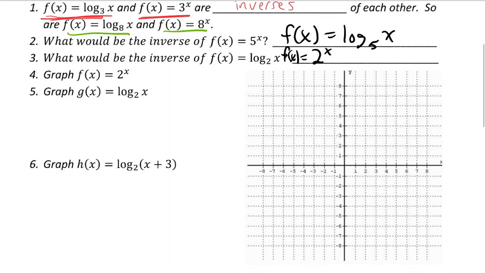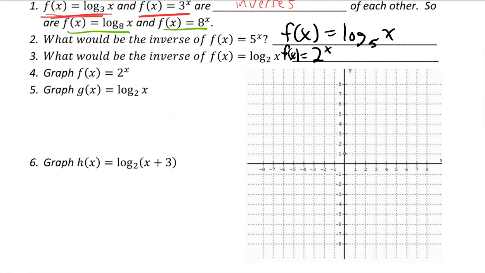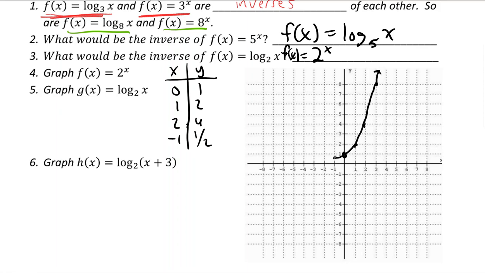But if I asked you to graph 2 to the x, that one should be okay. 2 to the 0 is 1. 2 to the first is 2. 2 squared is 4. 2 to the negative 1 is a half. That you should be pretty familiar with now.